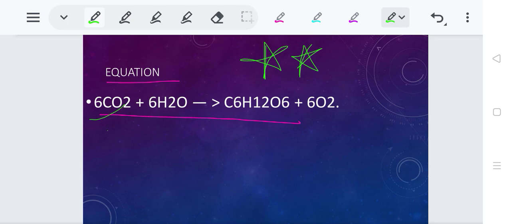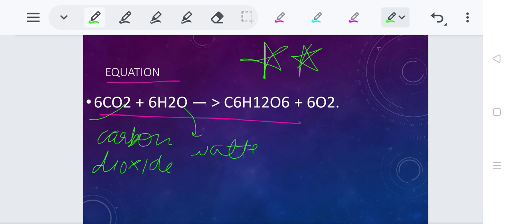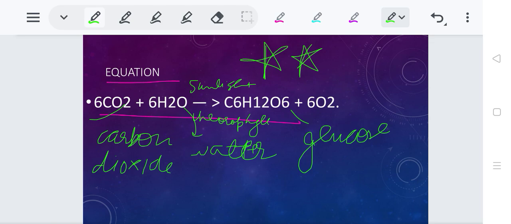So 6 carbon dioxide molecules, this is water, in the presence of sunlight and chlorophyll forms glucose and oxygen. So this is how it works. This is the basic definition and basic equation for photosynthesis. Hope this is clear now.